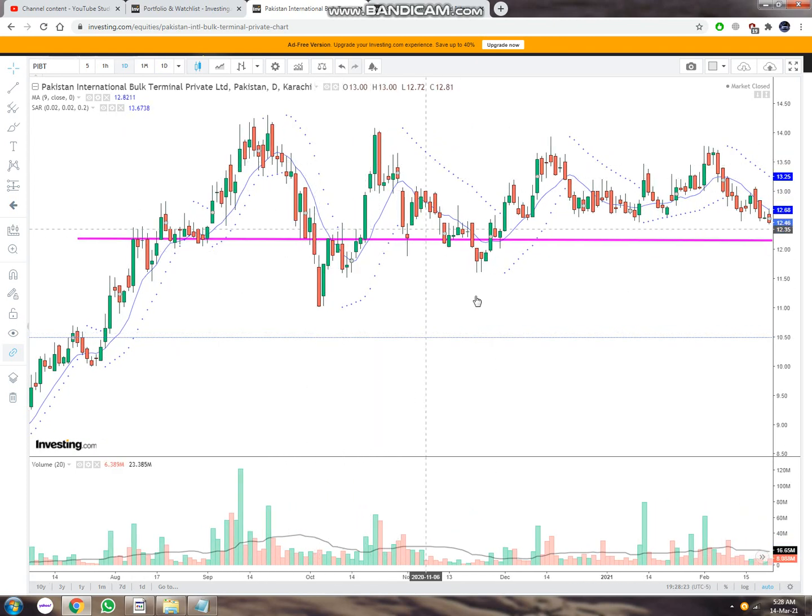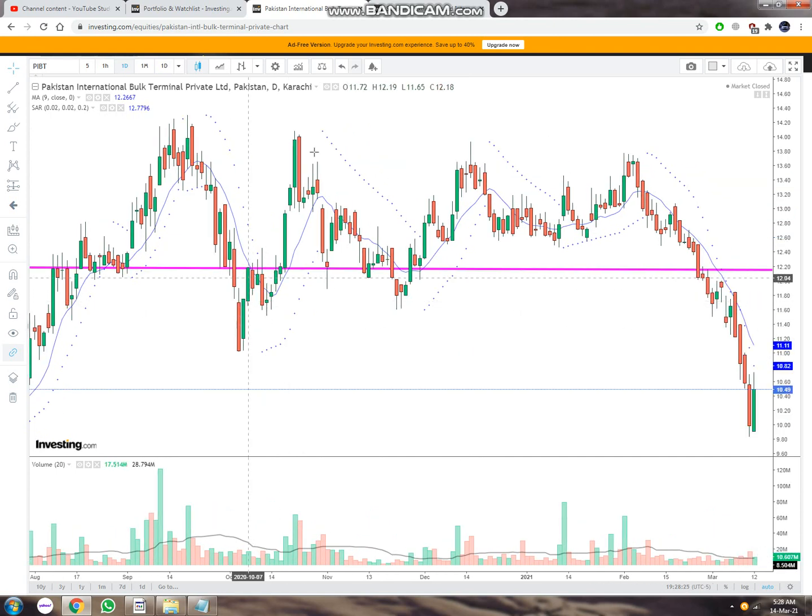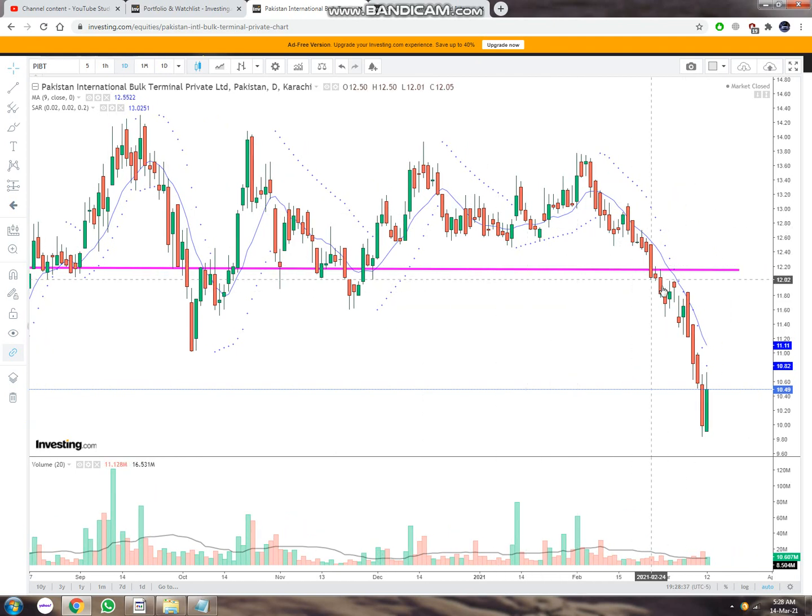Now you can see that for most of the part they are trading above the trend line, above the support level. You can say that this is a false breakout, and they are trading for most of the part on the upside. Now this is a strong breakthrough on the downside, because it broke this trend line, confirmed its position, and then moved downward.